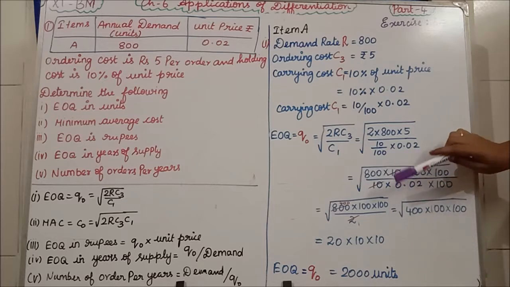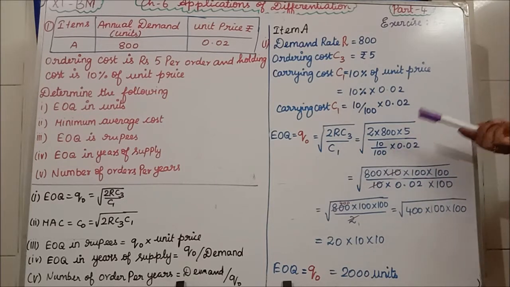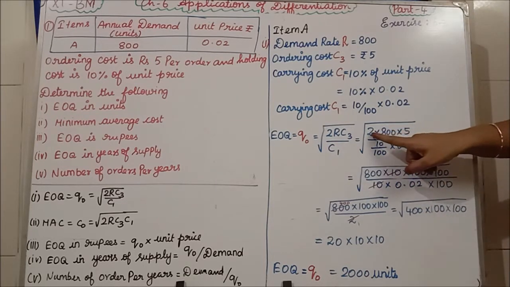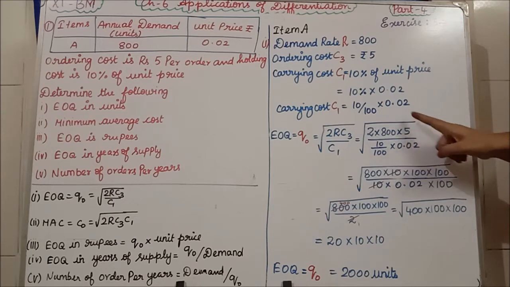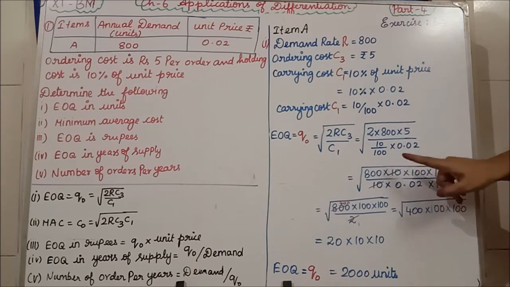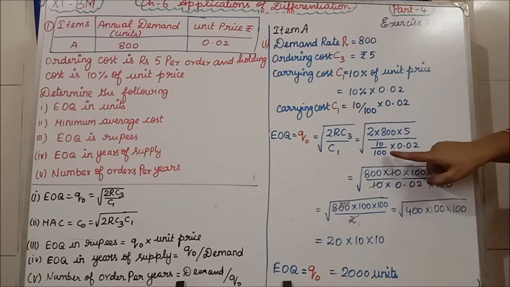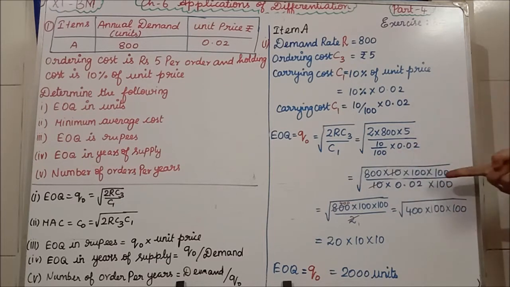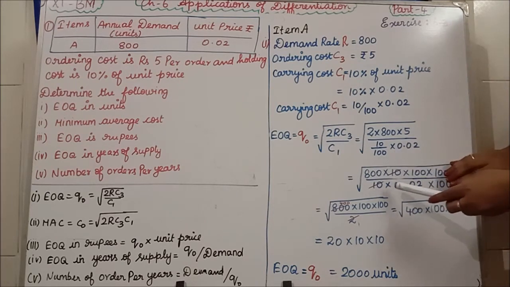Clear? Now this denominator 100 goes to the numerator. Here 2 into 5 is 10, so I have written 10. This 800 into the denominator 100 goes to the numerator as 100. For now leave this 100 by 100. Now this 10 into 0.02.